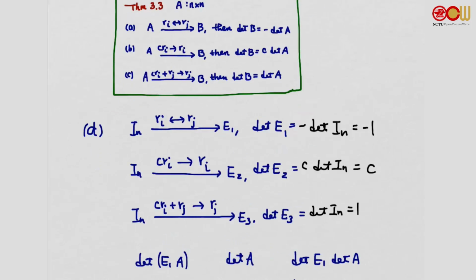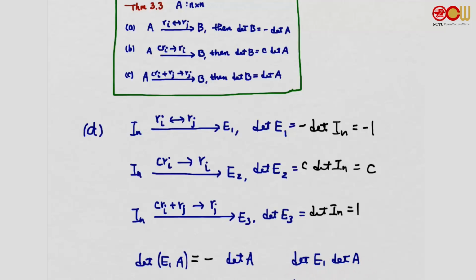Now let's consider the determinant of the product matrix E1A. How is it related to the determinant of A? Which part of Theorem 3.3 can help us here? It would be A, right? When we apply a row interchange, this is how determinants are related. The product E1A is the same as applying a row interchange, interchanging the ith row and the jth row. So this is equal to minus determinant A. Now, how is this related to the product of determinants, determinant E1 times determinant A?